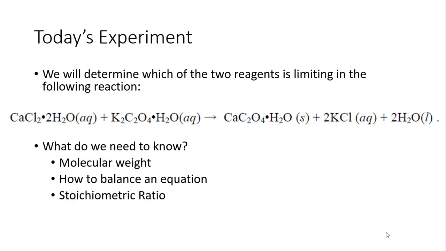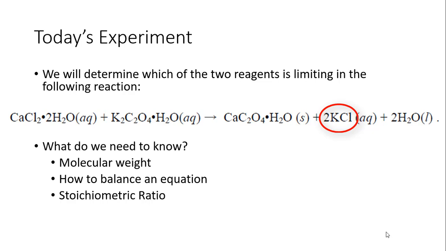We also need to know how to balance an equation, and that's important because when you're calculating the limiting reagent, you need the stoichiometric ratio of reagents, right? If you look at calcium chloride, there's a 1 understood to be there. Just like when you look on the other side of the arrow at KCl, there's a 2 in front of the KCl, right?